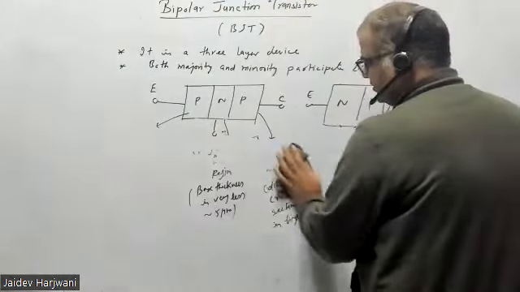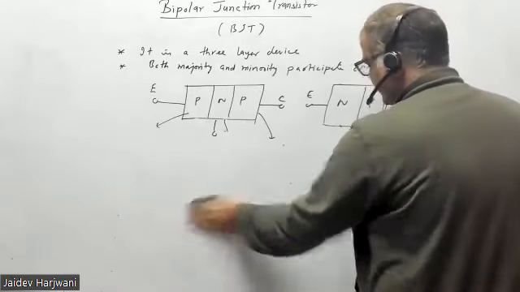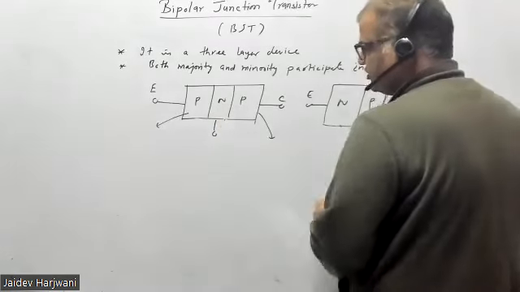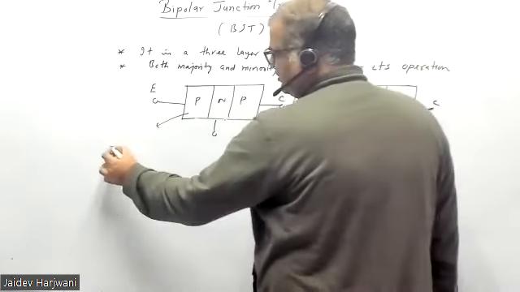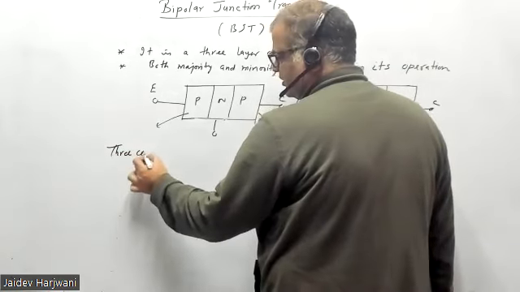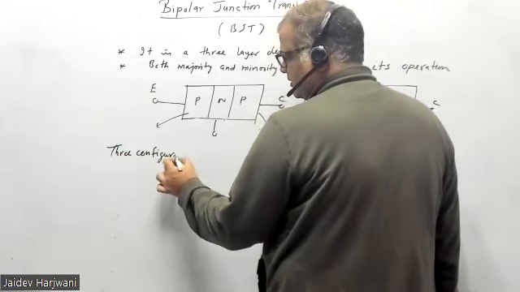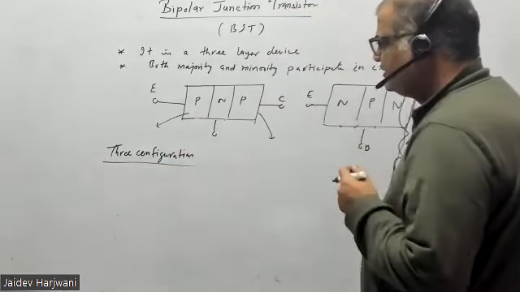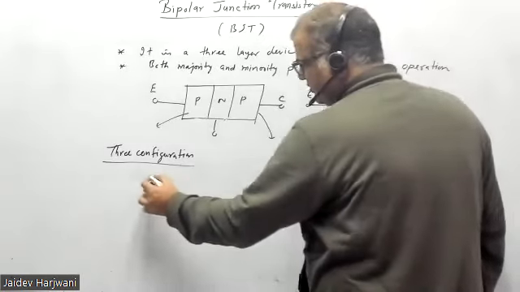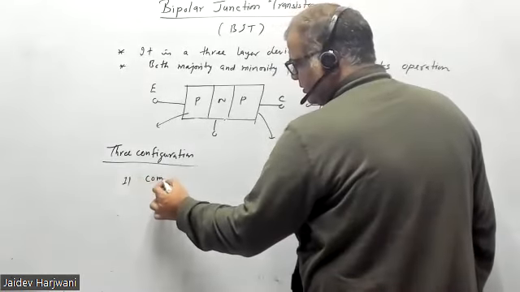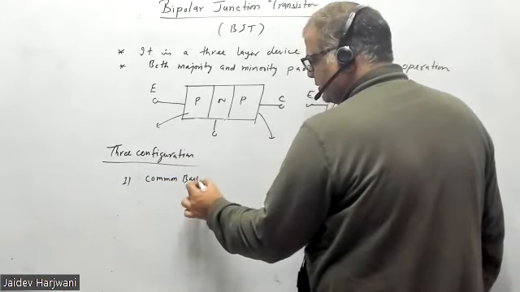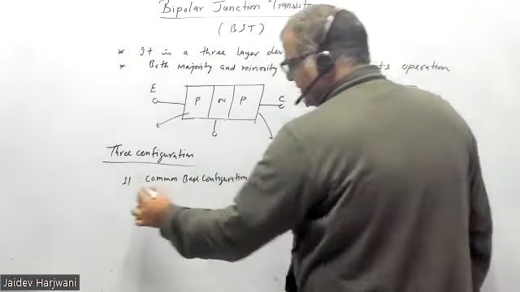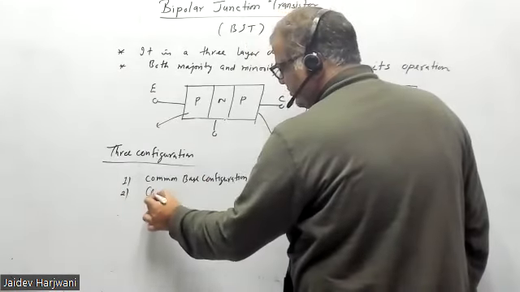This device is connected in the circuit in three configurations. What are these three configurations? All have slightly different IV characteristics. One is called the common base configuration. The other is called the common emitter configuration.